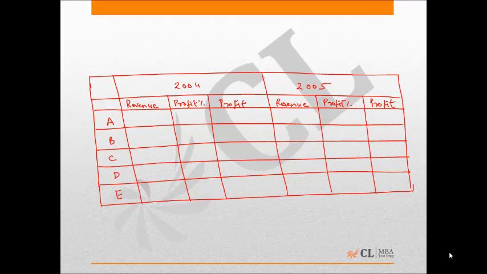Now what I've done is, these are the tables for the years 2004 and 2005 where 3 parameters are there, that is revenue, profit percentage and profit.